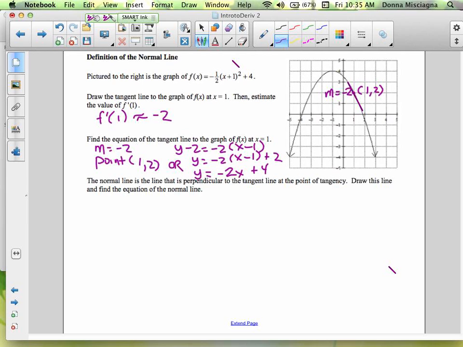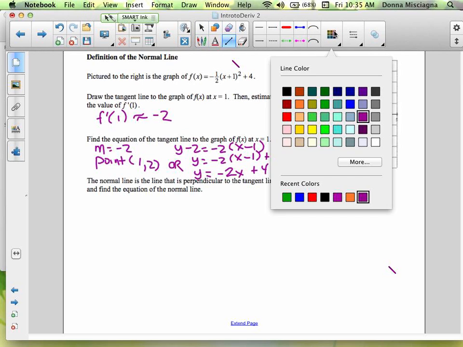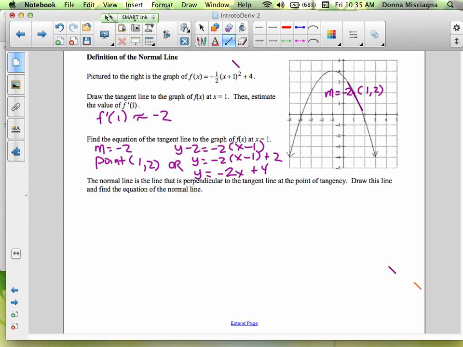The normal line is the line that's perpendicular to the tangent line at the point of tangency. Draw this line and find the equation of the normal line. Oh, pretty orange. All right, so if it's perpendicular, right, the tangent line has a slope of negative 2, so our normal line should have a slope of 1/2, and it should go through the exact same point of tangency.